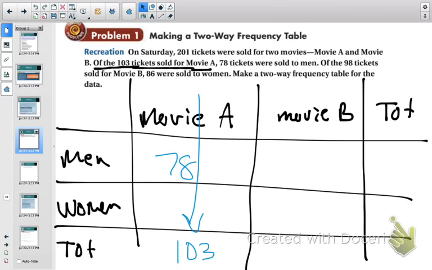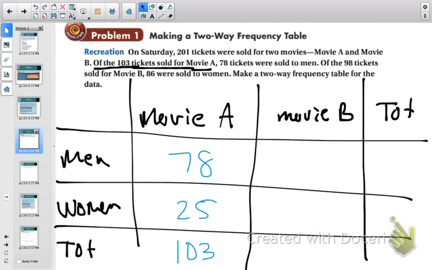So this should be 78 right here. That means we could figure out how many were sold to women, because if I add up this total here, it should give us 103. So 103 minus 78 gives us 25. That means 25 were sold to women. Okay, so we've got the first column done.